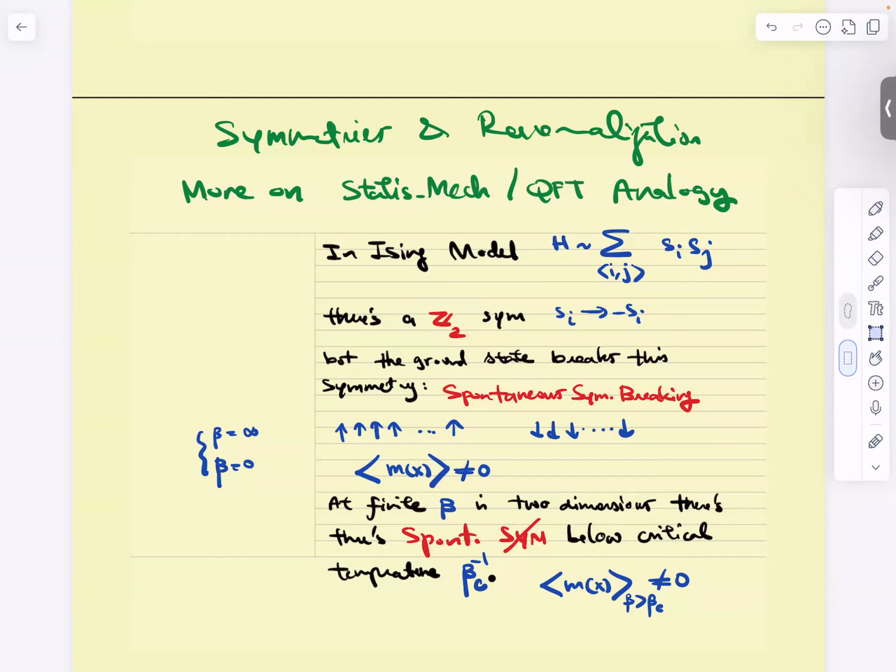It means that it's also killed by Q. This is usually the case when the symmetry is preserved. But it doesn't have to be. It's possible that this is not equal to 0. But then what happens? Give me an argument. What's the physics of this? If your vacuum is not killed by Q, is not invariant, what happens?